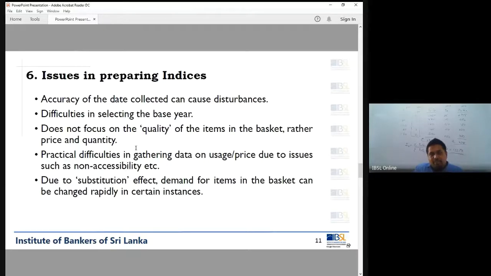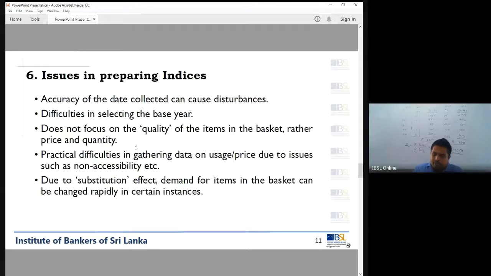We earlier may have consumed a sizable amount of flour-based items like, let's say, buns and bread and maybe string hoppers. However, due to non-accessibility, due to items not being available for our disposal, we had to use substitutions like rice, obviously.